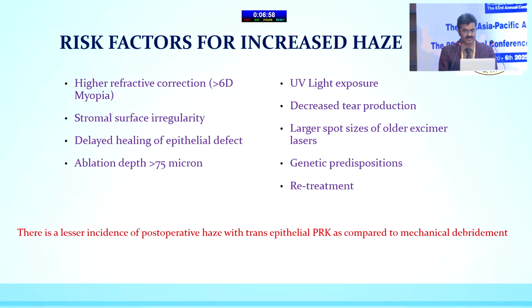And nowadays the larger spot size is old because of the new machines. Now, retreatment also has increased chances of haze. So these things you have to keep in mind. And one thing has been noted, that there is a lesser incidence of post-operative haze once you are using a transepithelial PRK as compared to the mechanical debridement.